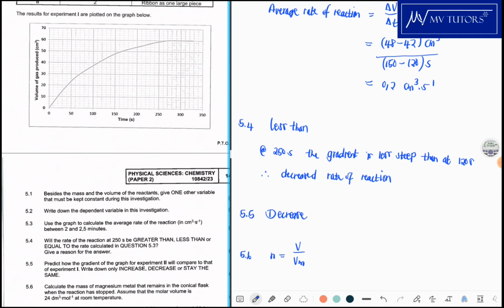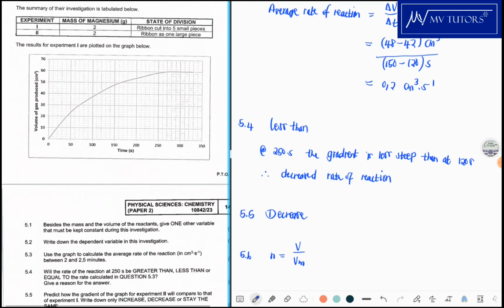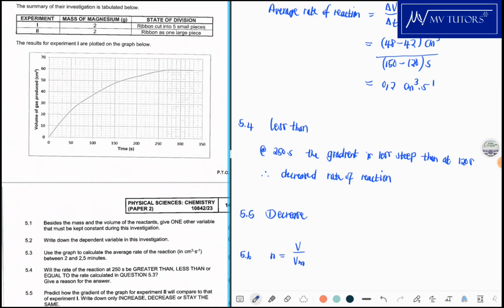Okay, so now for the mass of magnesium that remains when the reaction has stopped. When the reaction has stopped, I hope you see, that's where the flat line is on the graph. So basically, we have a volume of gas that is produced to be 60 cubic centimeters.